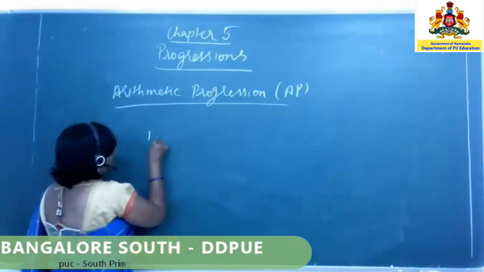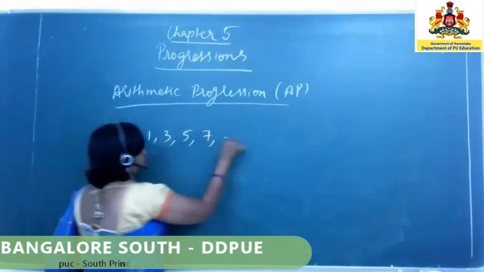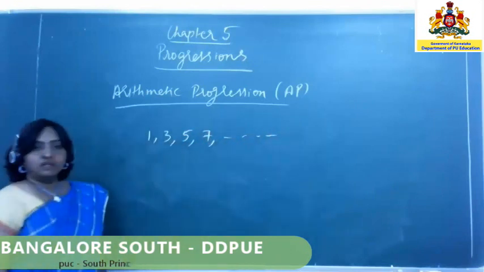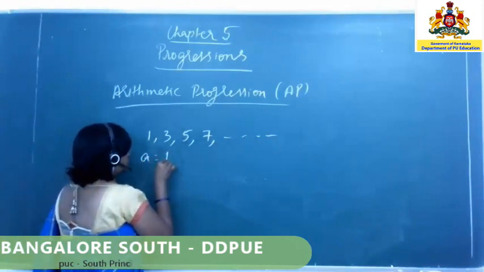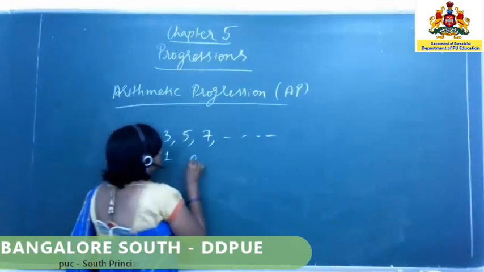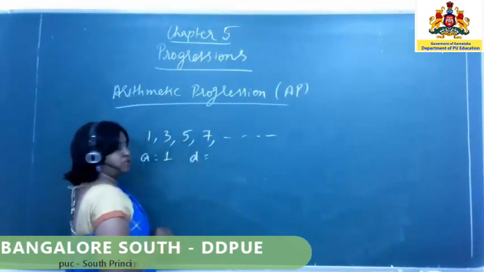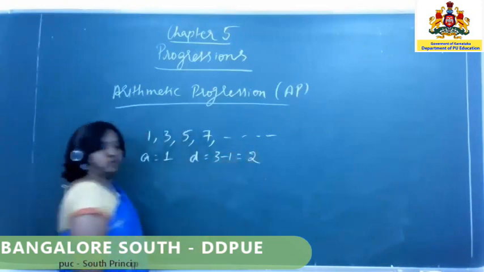Example: 1, 3, 5, 7, continuing. Here the first term, I'll call it A, is equal to 1. And the common difference is denoted by D, that is 3 minus 1, which is equal to 2.